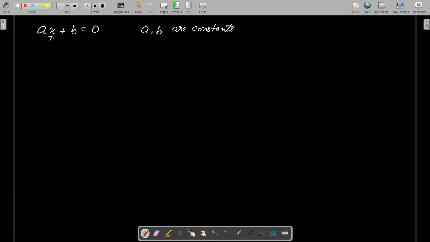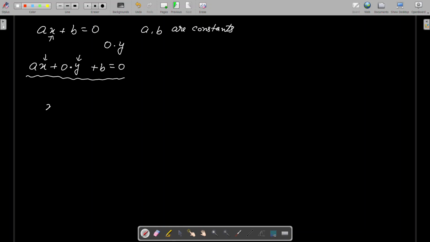Now if we have only one variable, that means what? If you can recall from the previous page, I said it is because the coefficient of y is 0. So you can express it as ax plus 0 into y plus b is equal to 0. So now this can be expressed in the form of a linear equation in two variables.